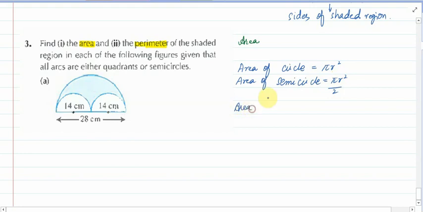Area, I'm just writing all the working formulas so you can note it down. It's pi r square divided by 4, and this whole category is of the category of area.